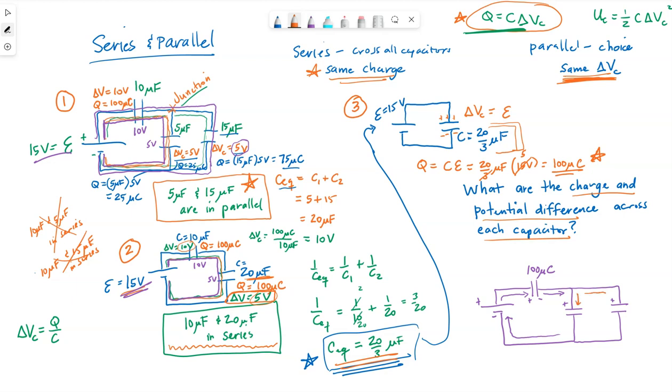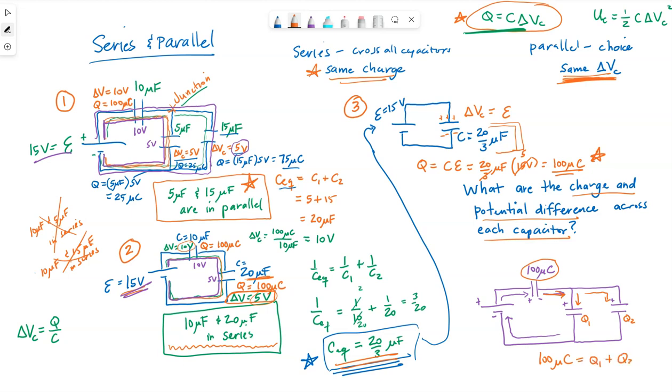But that means there were two paths. So this total amount of charge, when we account for the repulsion that keeps charges moving, the charge that ends up here and then the charge that ends up here has to add up to the 100 microcoulombs.